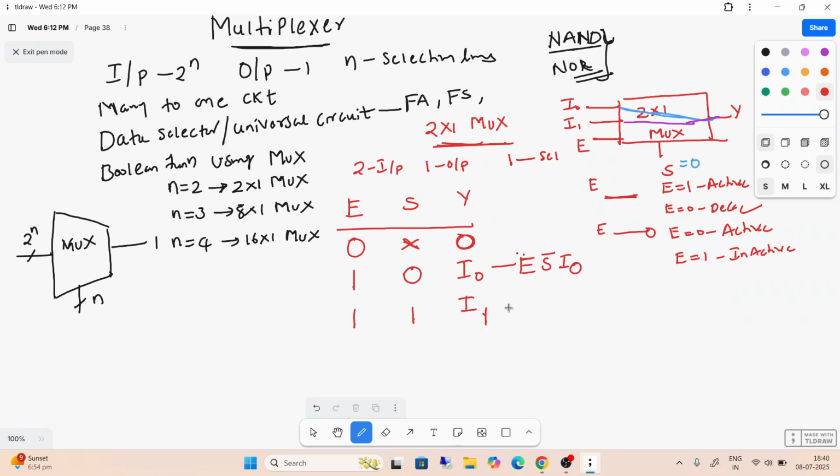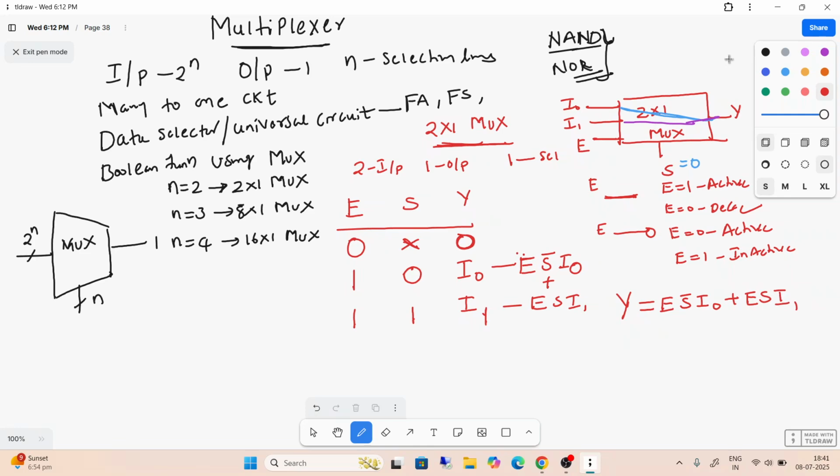And next, E S I1. Plus, OR operation. That means Y you can write as, this is Shannon's equation, the output equation: Y equals E S bar I0 plus E S I1.